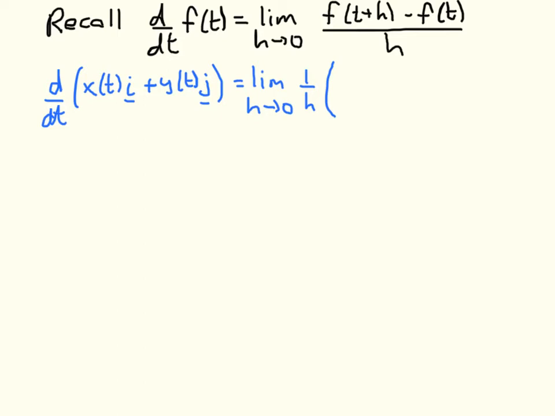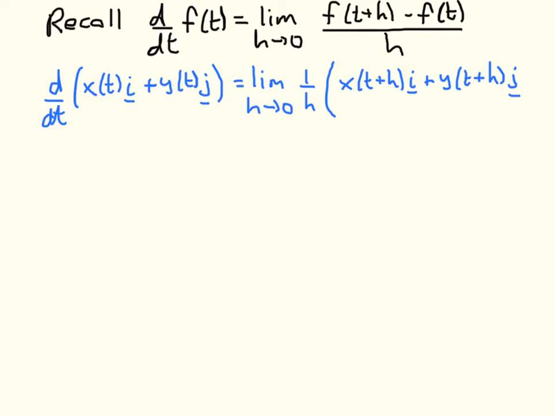So we have x evaluated at t plus h, i, plus y, whatever that function is, evaluated at t plus h, j. So this is our vector function here, but now not evaluated at t, but evaluated at t plus h. And this is our first term here, so now we have to subtract our vector function at t.